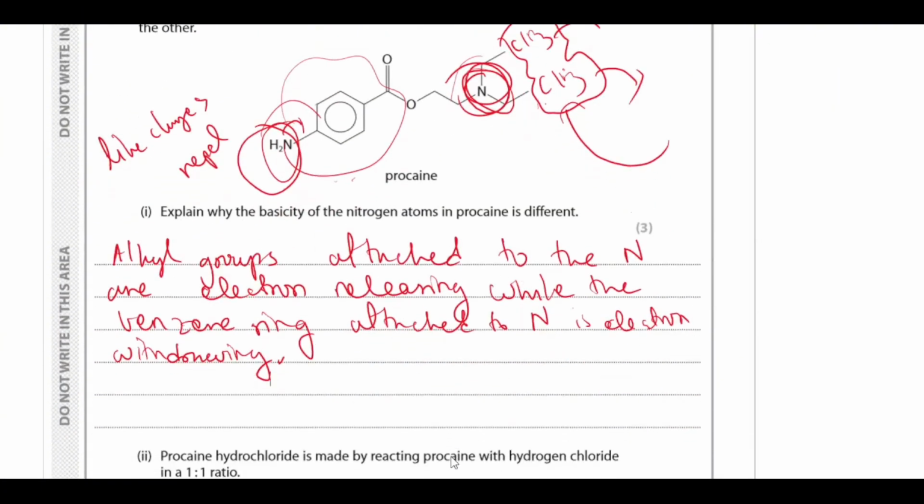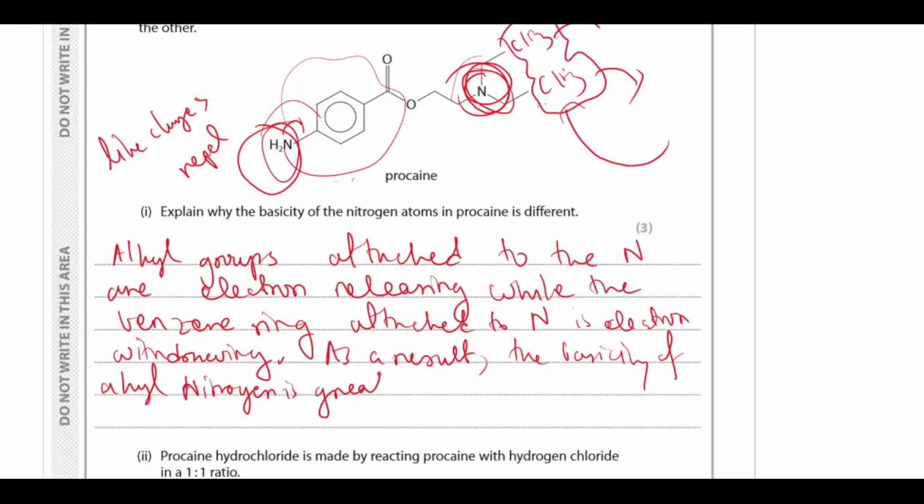So as a result, the basicity of the alkyl nitrogen is greater than the benzene one, because it has more chance to accept protons.